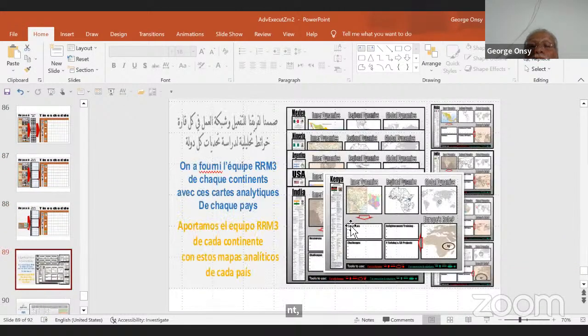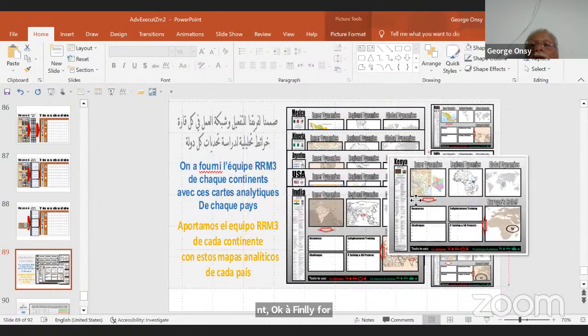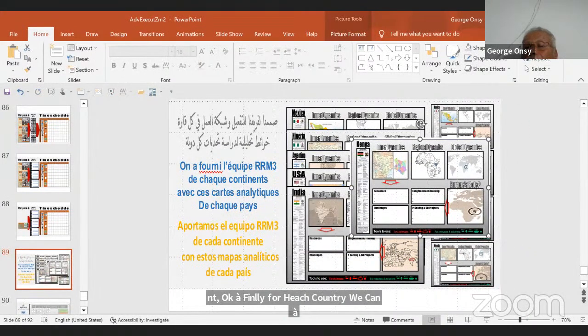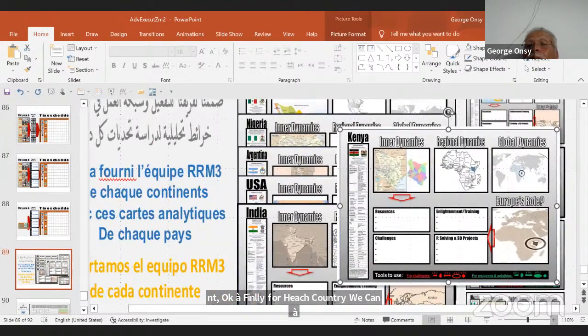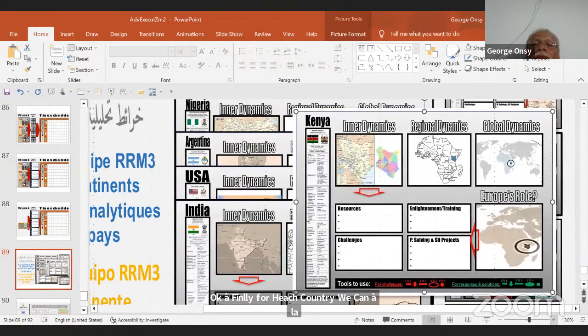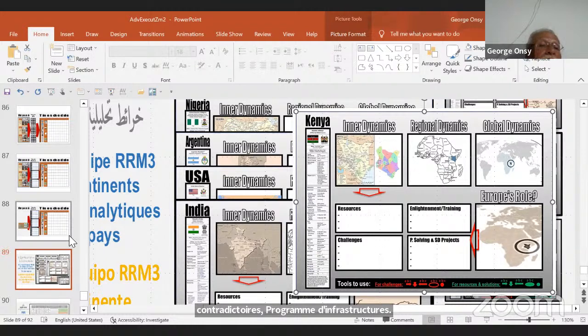Finally, for each country, we can prepare something like that. Each one, for example, Kenya, if any member from Kenya, for example, this is his country, this is his regional sphere, and then the international sphere, his resources, his challenges or problems, and how those goals can help him, and he can plot all the changes here on this thing.